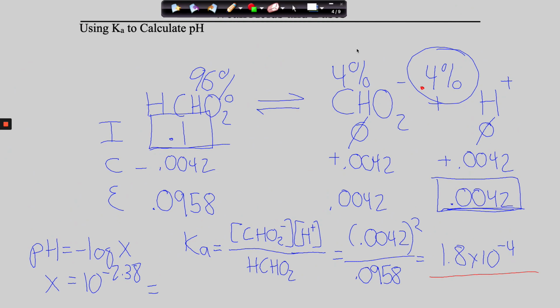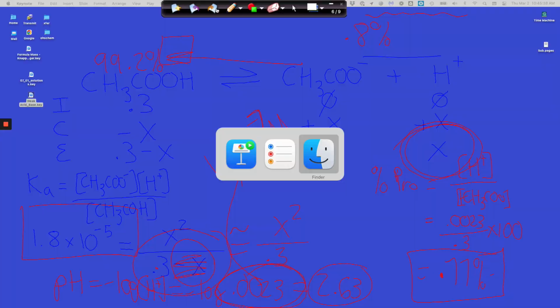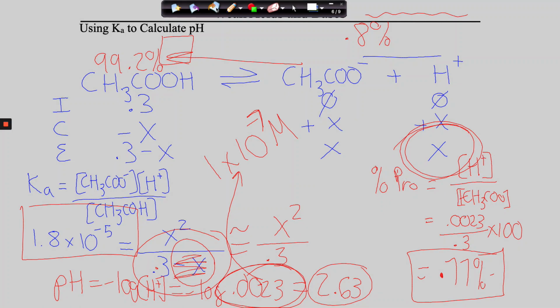Now this. Ready? Let's look at the conjugate bases. For this one, it's the CHO2 minus. For this one, it's the acetate ion. So guys, this is the logic. This is a weaker acid, yes?